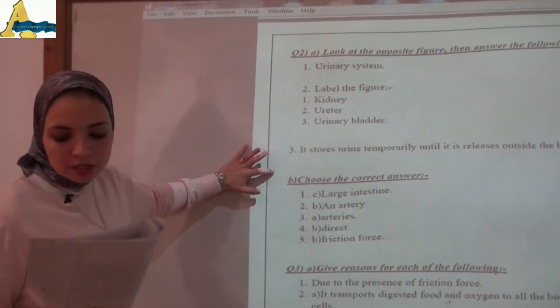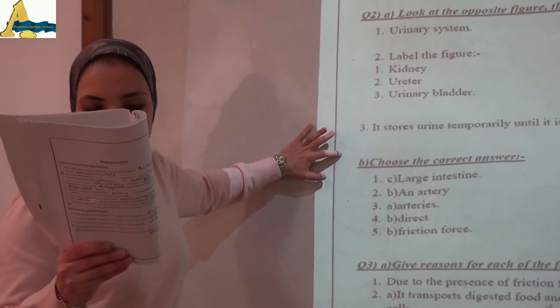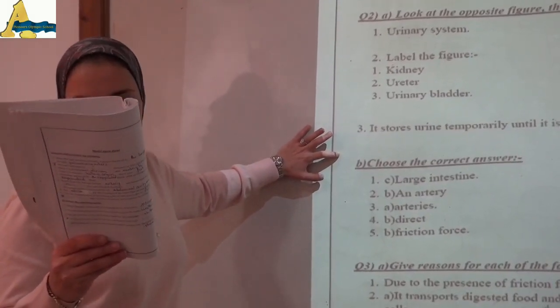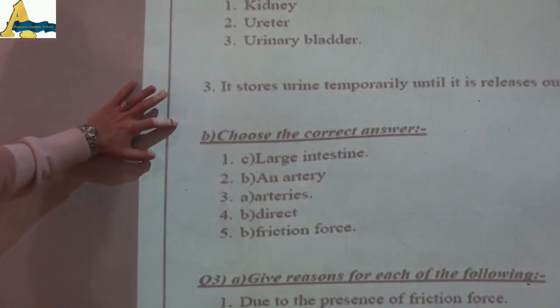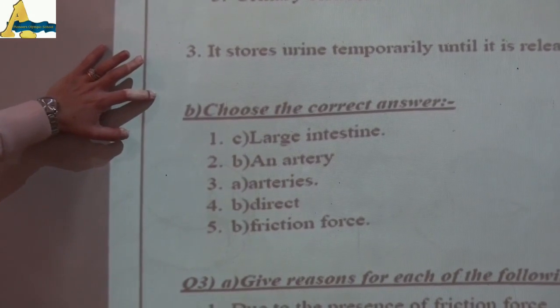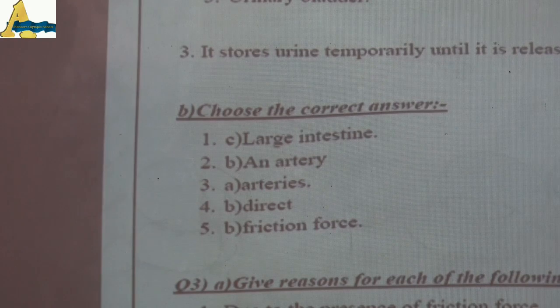Choose the correct answer. Solid wastes are stored in the large intestine. What transports blood containing harmful nitrogenous waste to the kidney? It's an artery.